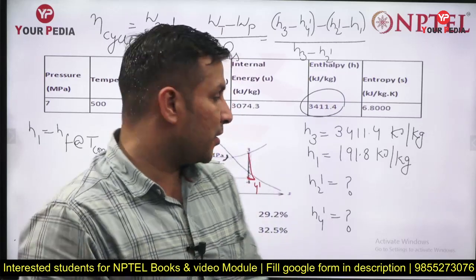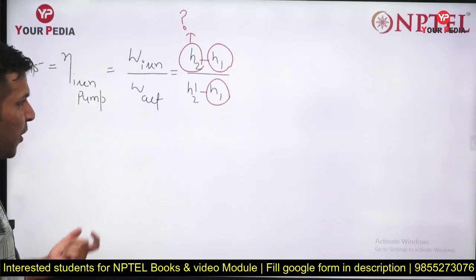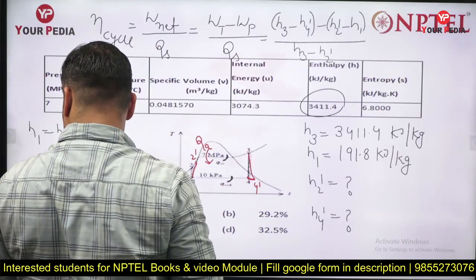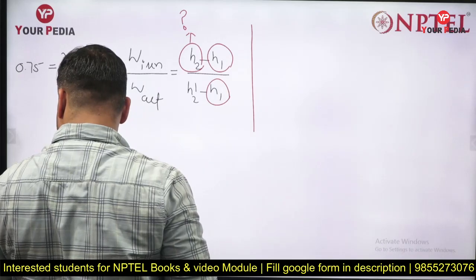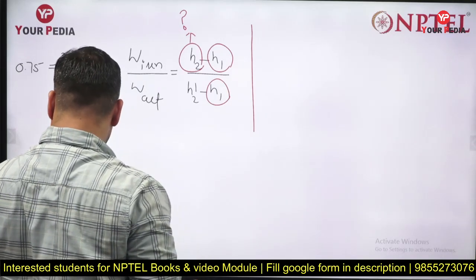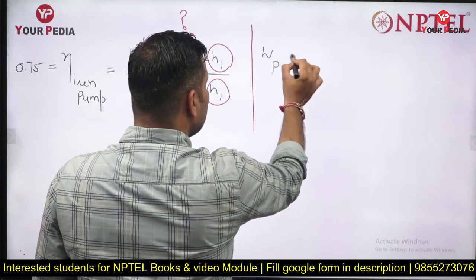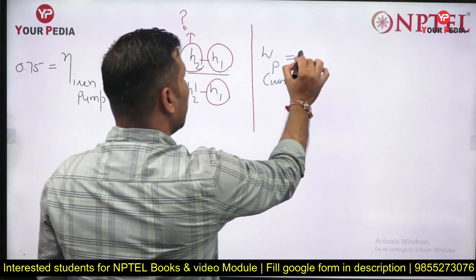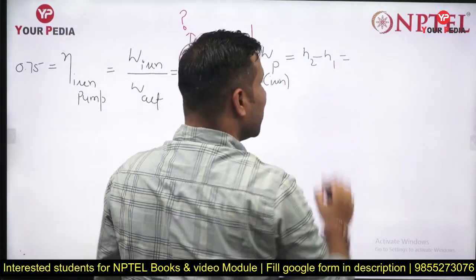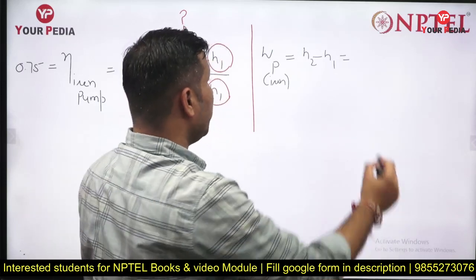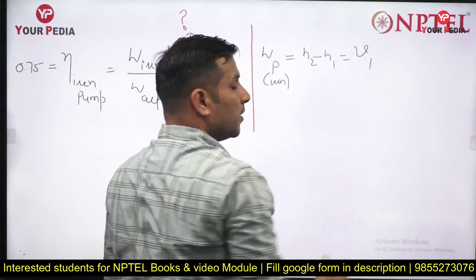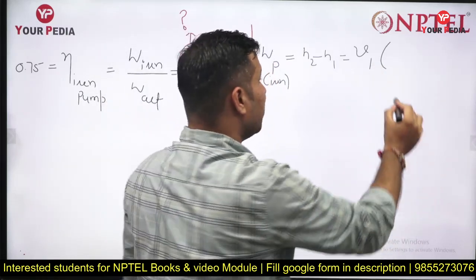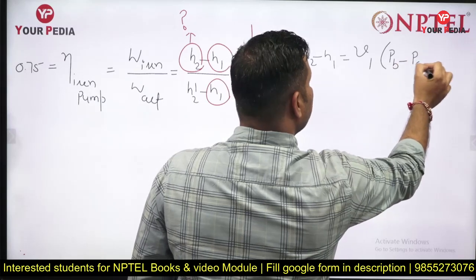In the real case, to get more accuracy, we need to calculate this. For that, you need to take the pump work, WP. The isentropic pump work is H2 minus H1, and you can also write it as V dP, where V is the volume of the liquid at the entry of the pump, V1, and dP is the change in pressure, the boiler pressure minus the condenser pressure.